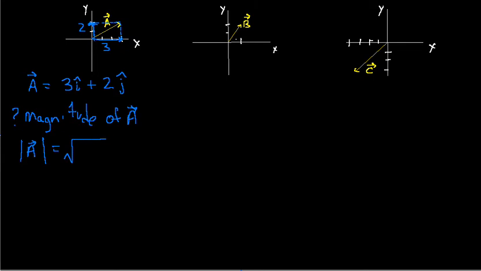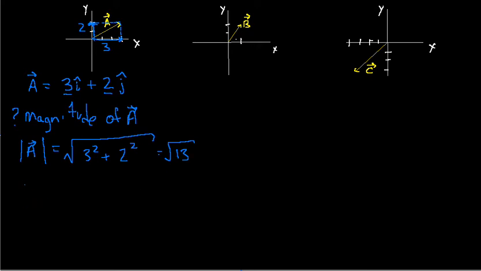The magnitude is going to be very easy to find. We simply take the i component and square it, and then we take the j component and we square it. 3 squared is 9, plus 4, so the magnitude is the square root of 13.